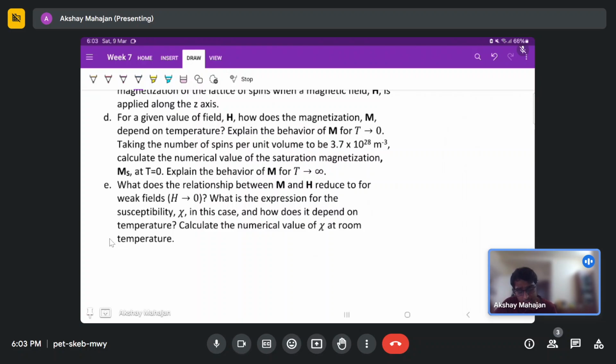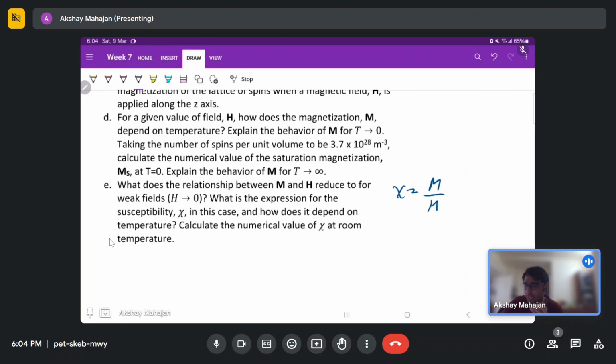Calculate the numerical value of chi at room temperature. Again, you have to just take the limits as we have done for the Brillouin function problem, and chi is basically given by M by H.